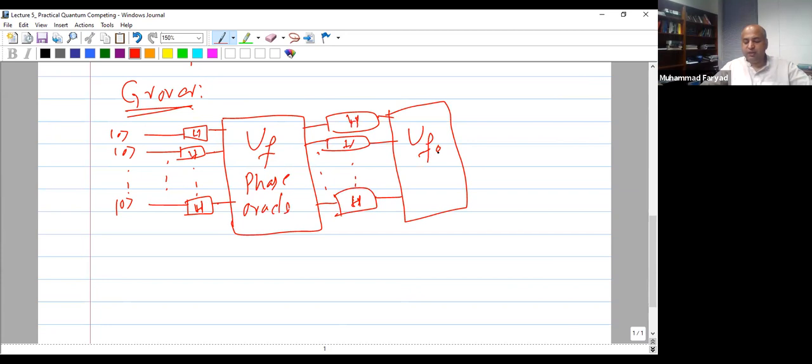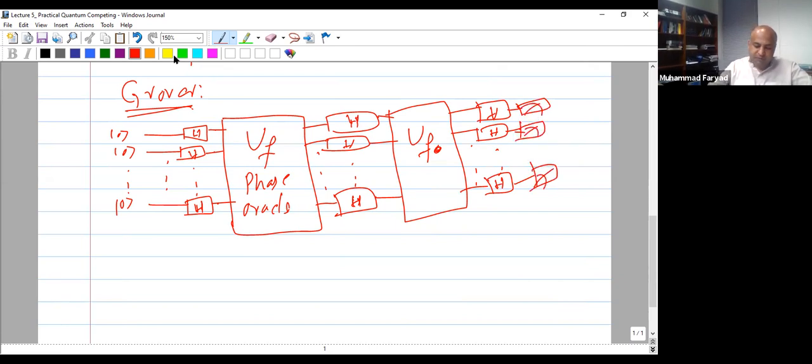This is just a notation for a part of a circuit that we are going to call oracle, just because it has a similarity to this oracle, but this oracle has nothing to do with the database, and this f naught has nothing to do with this function. I'll describe later what this oracle is. And then you perform the Hadamards again. And then you perform the measurement.